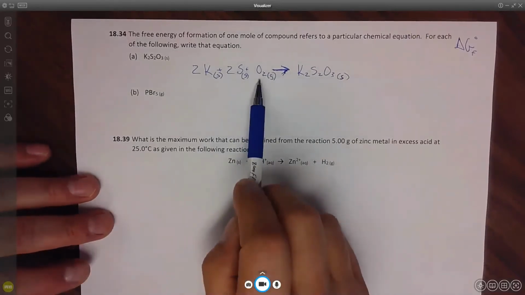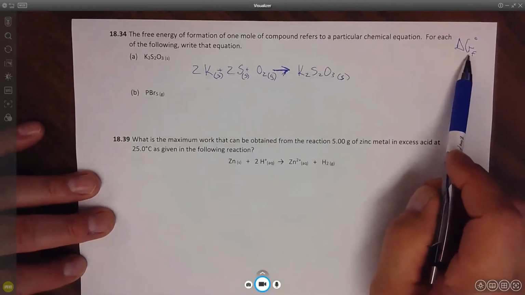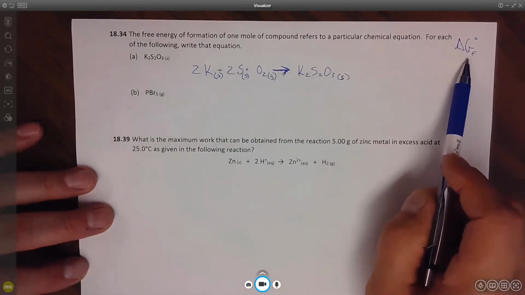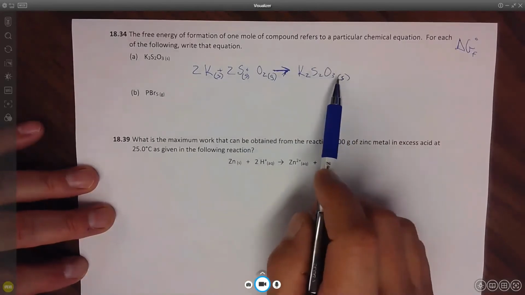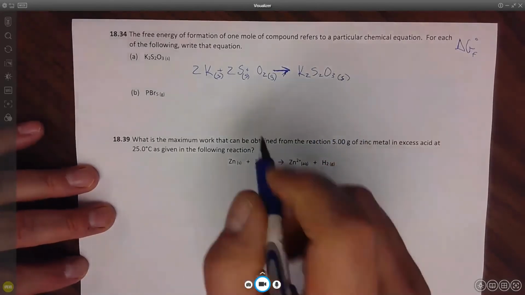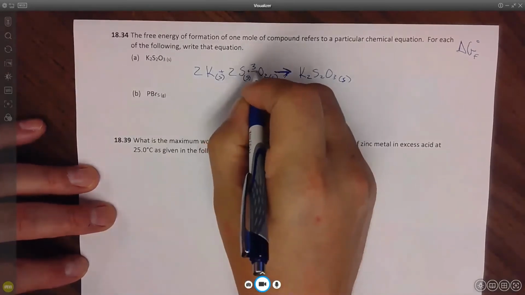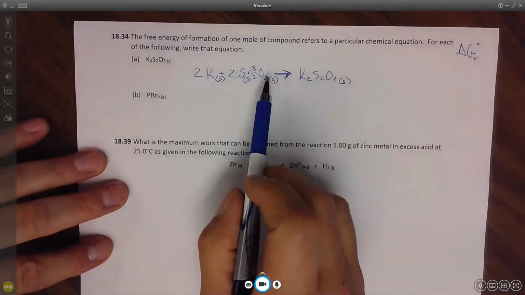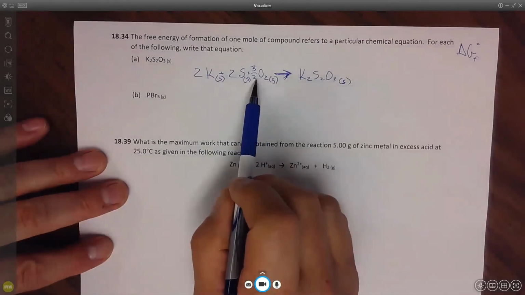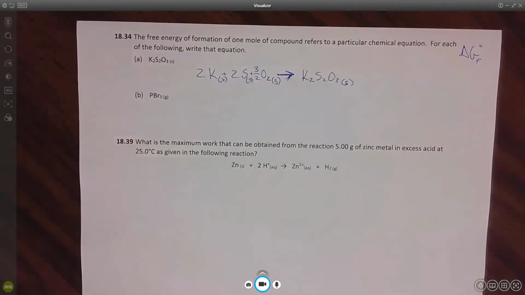Whenever you have an element by itself, and you always will in these either enthalpy of formation or free energy of formation, all you have to do is take the number of oxygen on the other side, which is 3, and divide it by whatever that is, which is 2. So there it is. It's now balanced, right? 3/2, which gives me my 3.